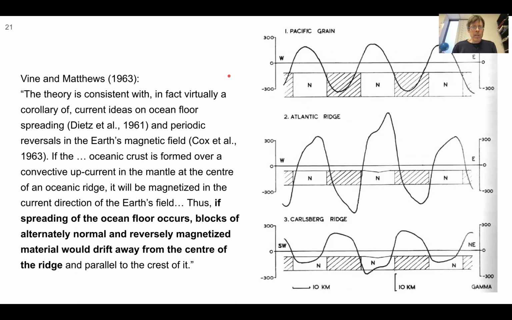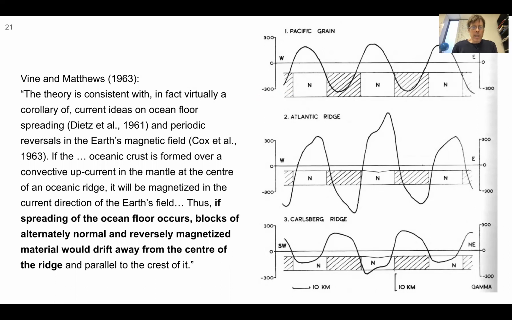And they wrote, the theory is consistent with, in fact, virtually a corollary of current ideas on ocean floor spreading and periodic reversals in the Earth's magnetic field. If the oceanic crust is formed over a convective upcurrent in the mantle at the center of an oceanic ridge, it will be magnetized in the current direction of the Earth's field.